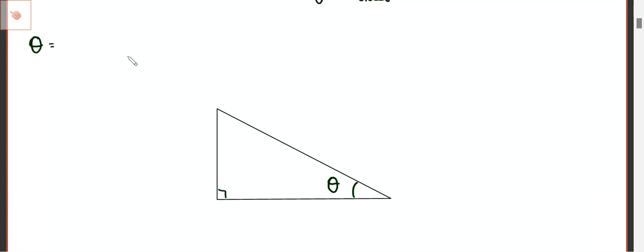It's not a degree symbol. It's not a little zero. It's actually the Greek letter theta. It's like an O with a line through the middle. It's another Greek letter we use to represent angles.